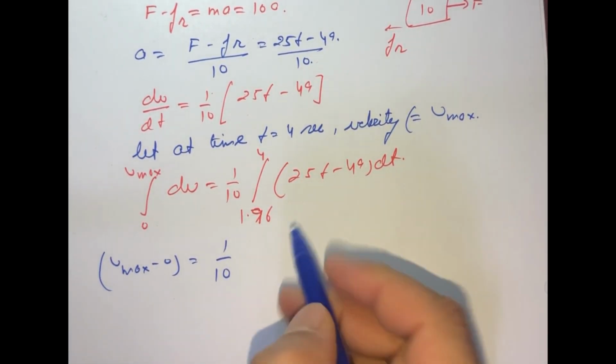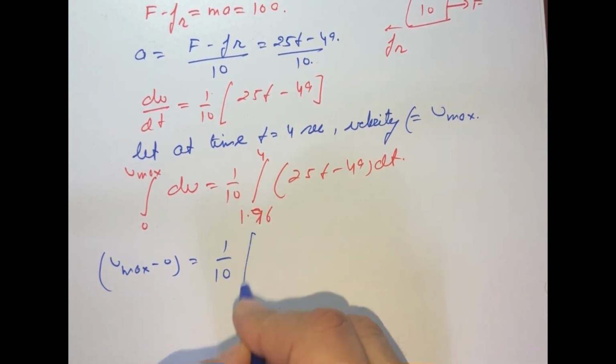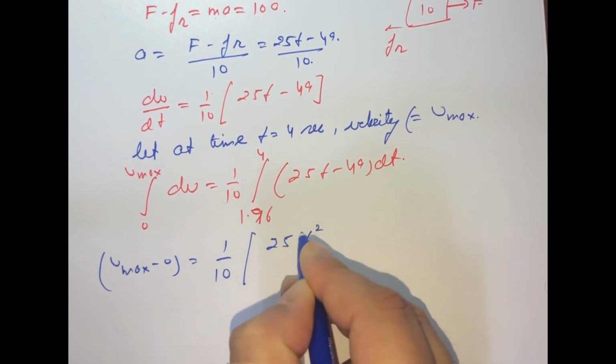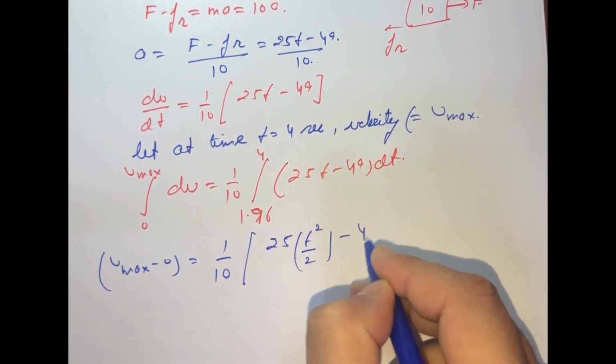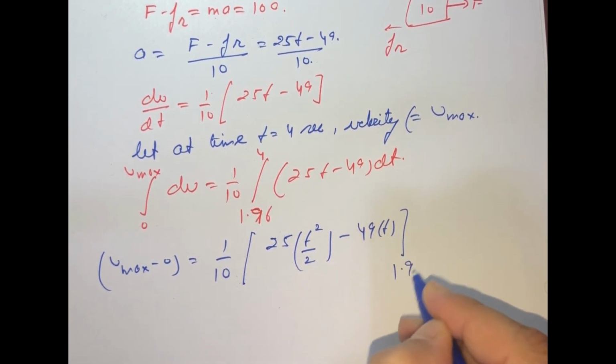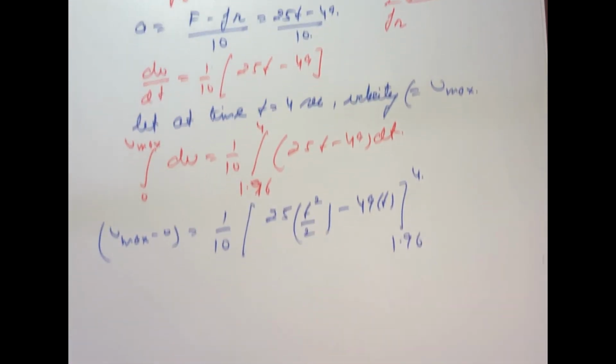This will be equal to 25 t square upon 2 minus 49t, from 1.96 up to 4.